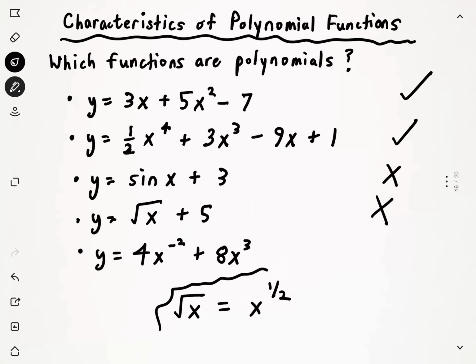And by the way, if you don't remember this, this is something that's going to come up in Miss Johnson's 12A class in probably another few weeks. And then finally, we look at the last function that's listed here, and we have a negative 2 as an exponent. So we cannot have negative exponents, so this one is not a polynomial function, just the first two.